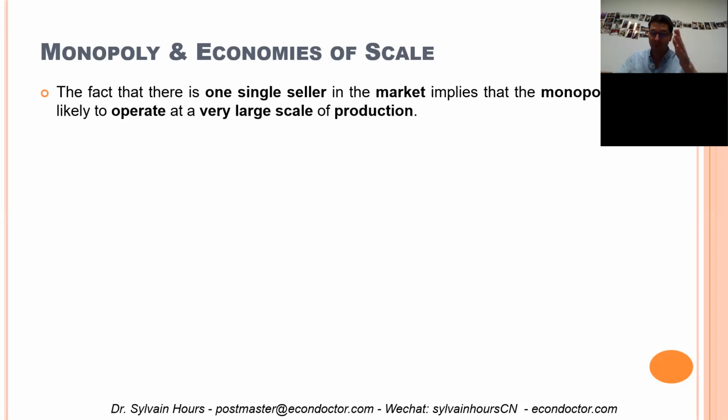Be careful. The overall quantity that will be produced in perfect competition will be larger, usually, than the overall quantity produced in a monopoly. But my point is that the quantity produced by the monopolist is going to be much larger than the quantity produced by one perfectly competitive firm.